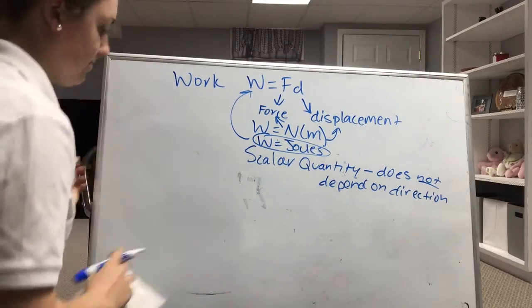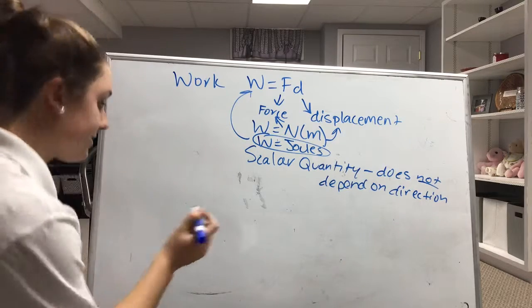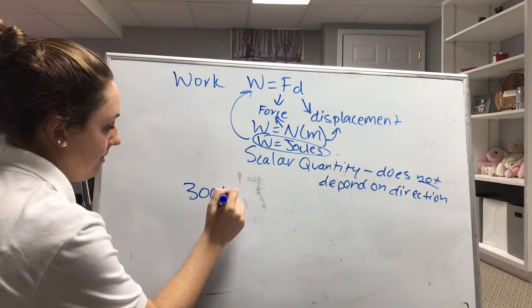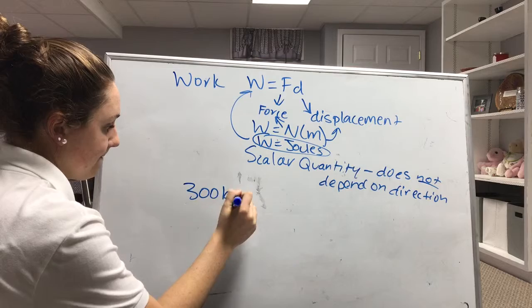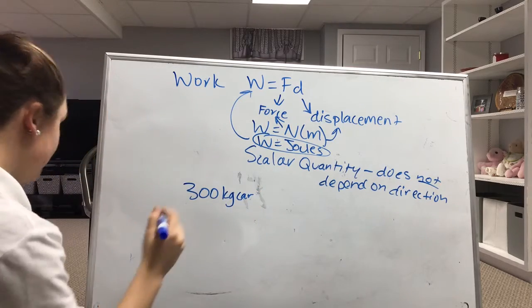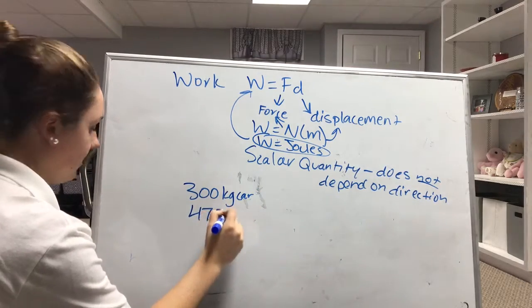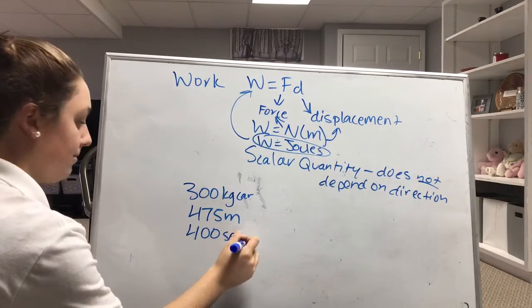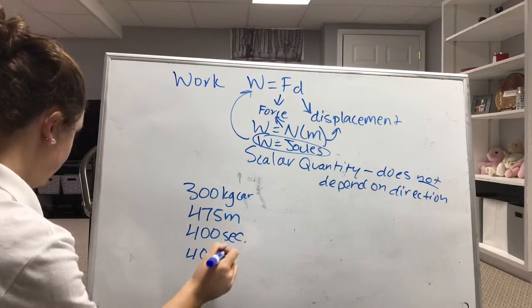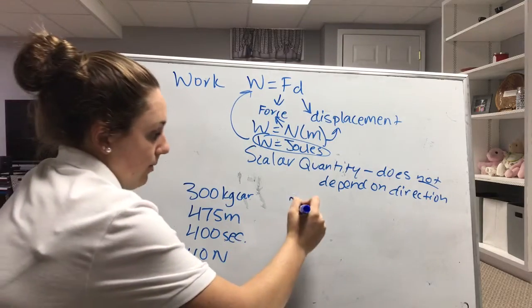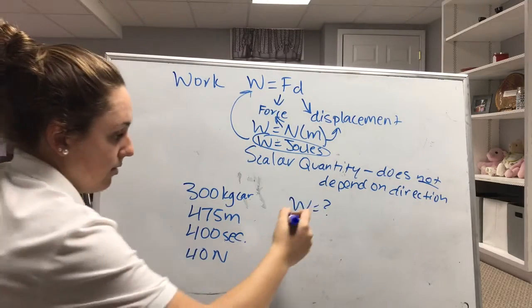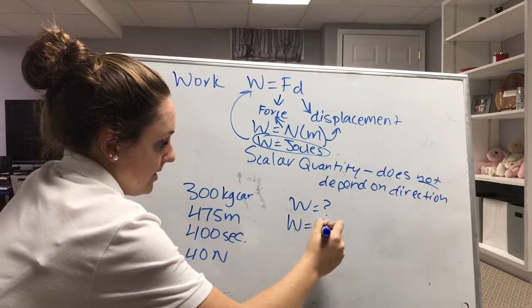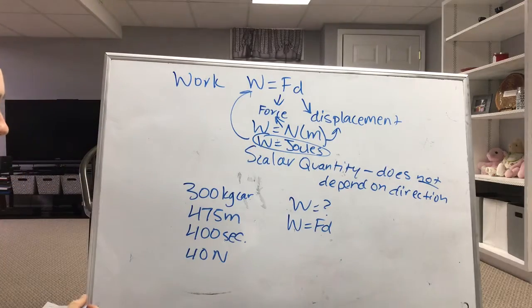So let's do a practice problem for work. Say we have a 300 kilogram car pulled across 475 meters in 400 seconds by a force of 40 newtons. What is the work? Well, to find work, we use our equation, force times distance. We look to see what we're given.